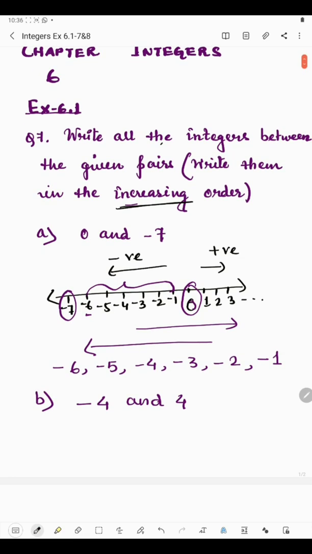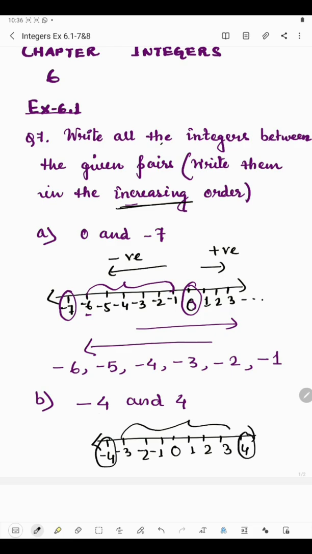Now coming to the next part. In the next part we have -4 and +4, and we will have to write the integers in between. Now what are the numbers that come in between 4 and -4? If you see the number line, say 0 is here, so 1, 2, 3, 4, -1, -2, -3, -4. So here is -4 and here is +4.